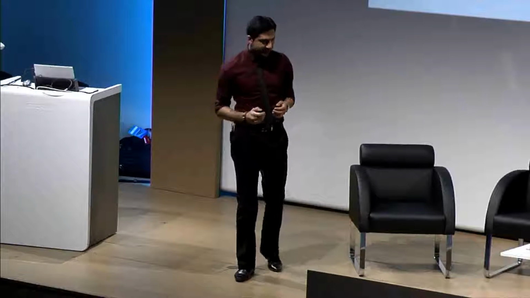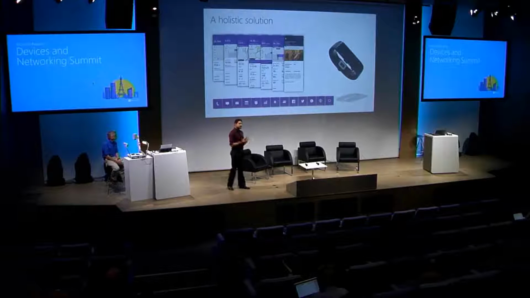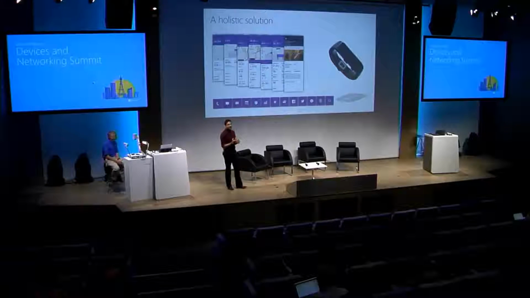So Microsoft Band collects all of this data, and all that data goes up to the Microsoft Health Service, which processes and runs some algorithms on the Microsoft Band data. And then all of the data comes down to the Microsoft Health applications that run across all different operating systems. We have applications that run on iOS, Android, and Windows.